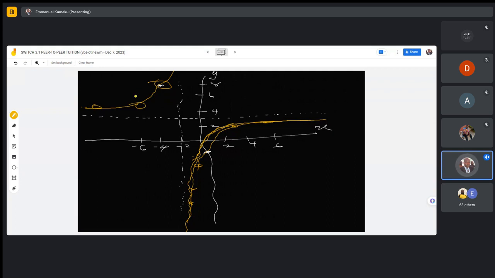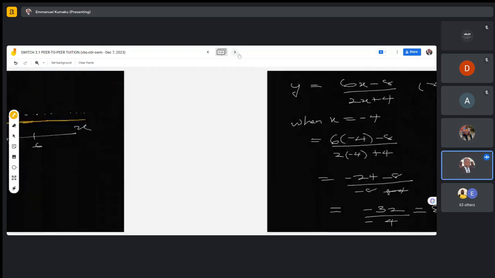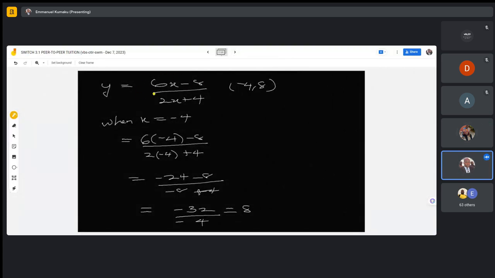About 3 or 4 points will guide you to draw your curve very well. You understand? So that will be that. It means all the values that you will pick from -4 up to infinity will all lie above the horizontal asymptote.